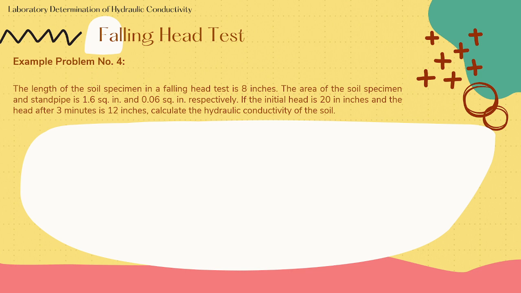So again, K is equal to the area of the standpipe times the length of the specimen all over the area of the soil specimen times the time elapsed times the natural logarithm of the initial head all over the final head.